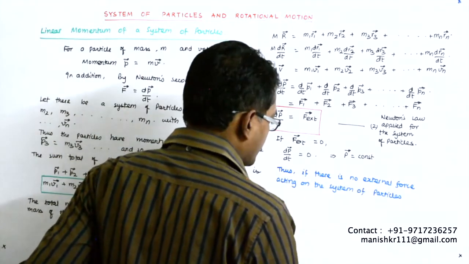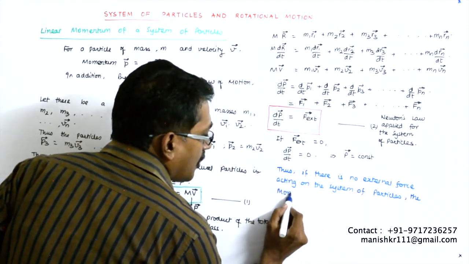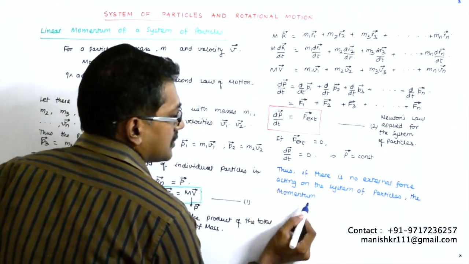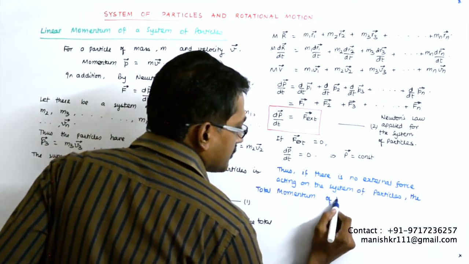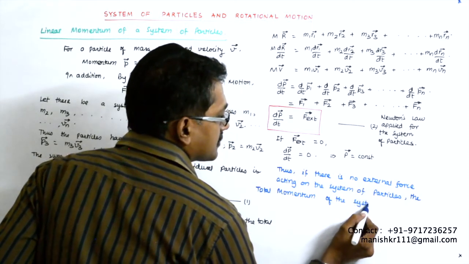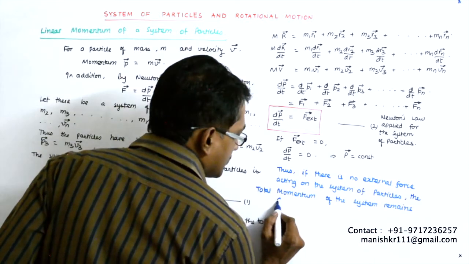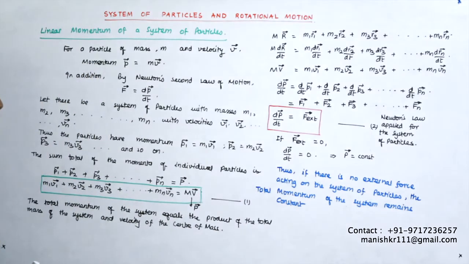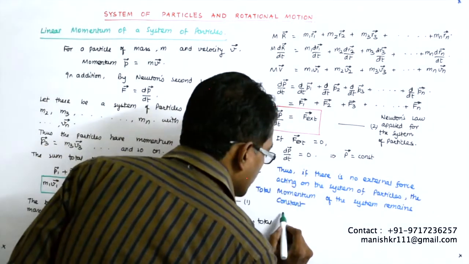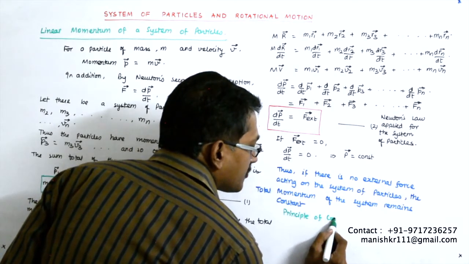So thus, if there is no external force acting on the system of particles, the total momentum of the system remains constant, and this becomes the principle of conservation of momentum for a system of particles. Fine. So this is my principle of conservation of momentum.